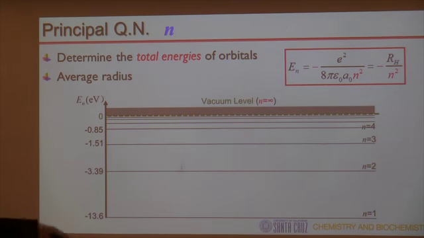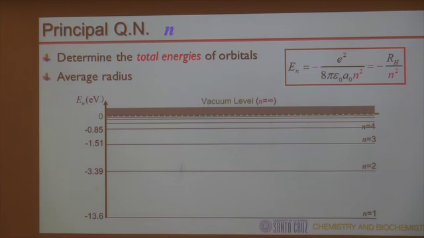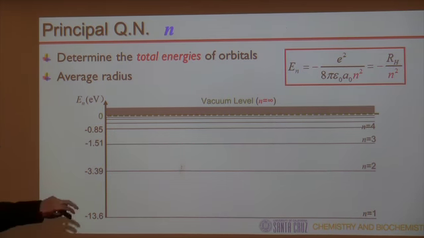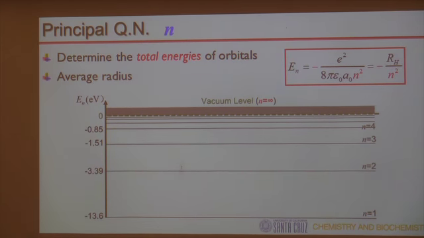I did not say the energies only depend on n, but they largely depend on n because of this equation. So the principal quantum number mostly determines the total energies of the orbitals.